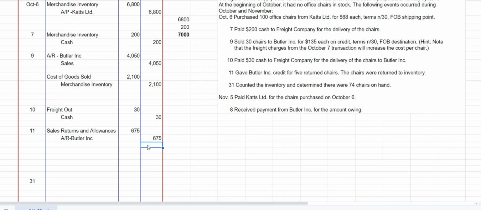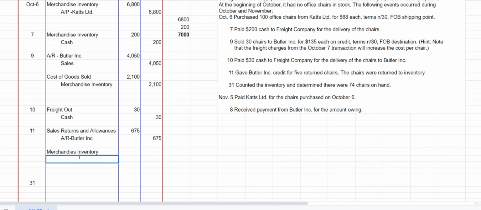And the second part is the chairs were returned to inventory. The chairs are basically merchandise inventory, and instead of giving it out, you're getting it back. So merchandise inventory is going to be debited, and the credit account is going to go into cost of goods sold.